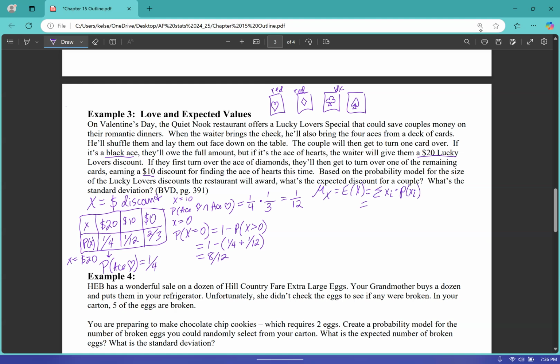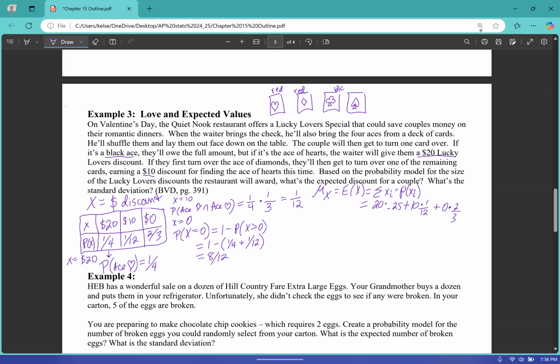So we have $20 times 0.25, $10 times 1/12. Okay, and then $0 times 2/3. Okay, so now we'll go on ahead, and what we can do is go in our calculator and we can enter that in.